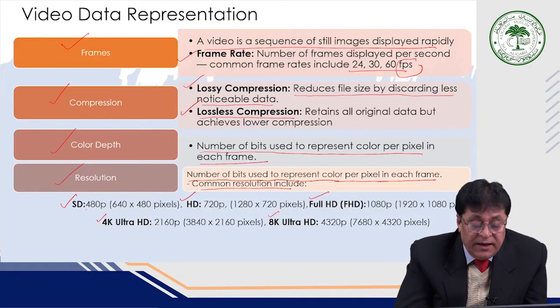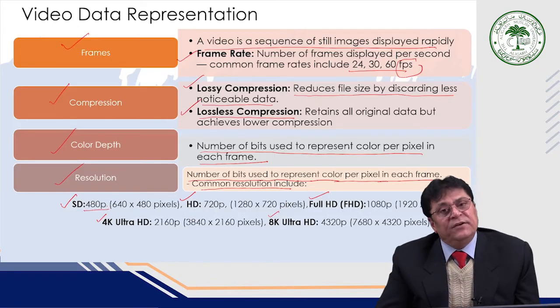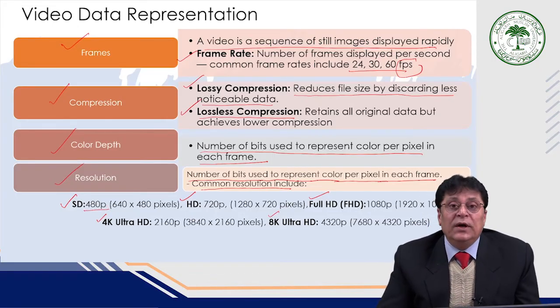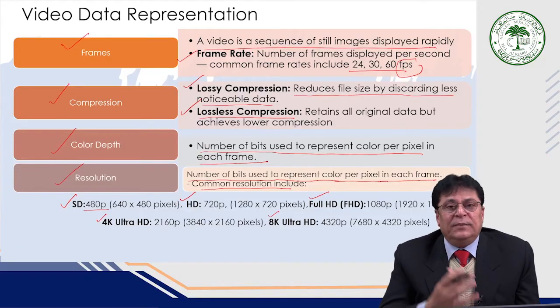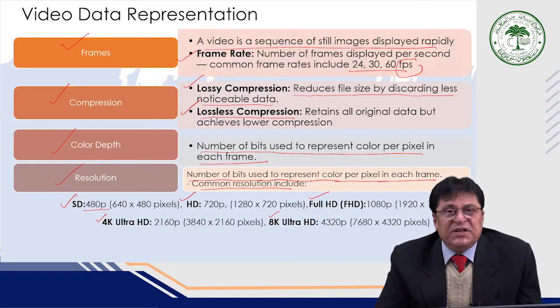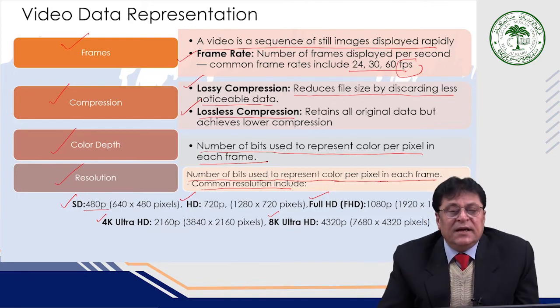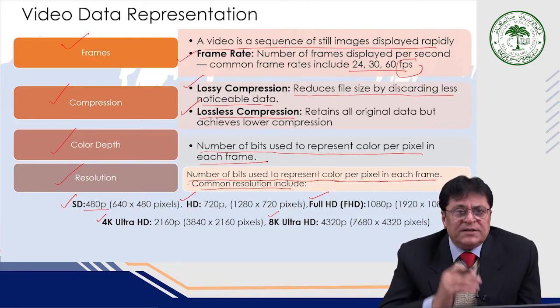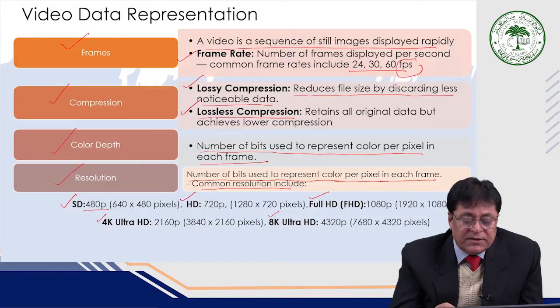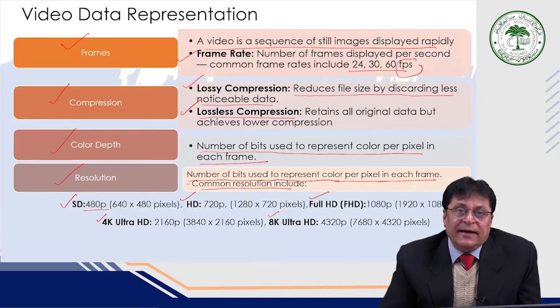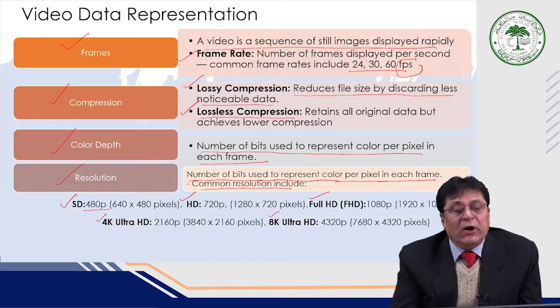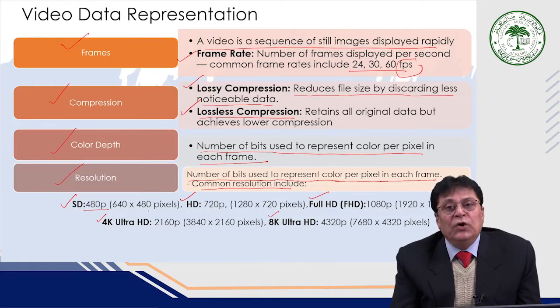As you can see, standard definition is 480 pixels. So, when you see the specifications of your mobile phones and its screens, you come across this kind of terminology. If it is SD, it is 480p or 640 into 480 pixels.